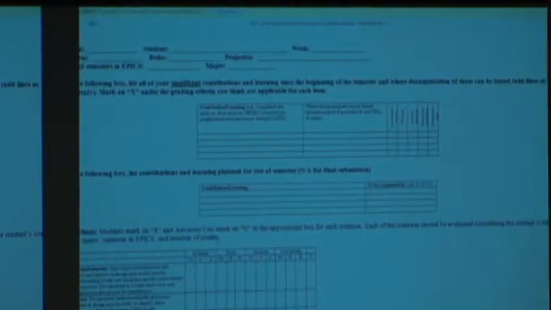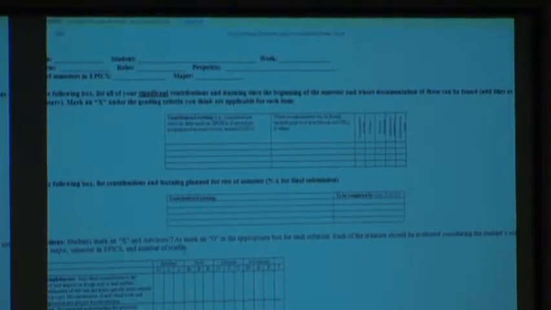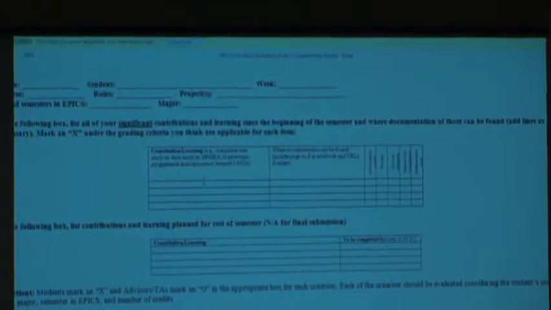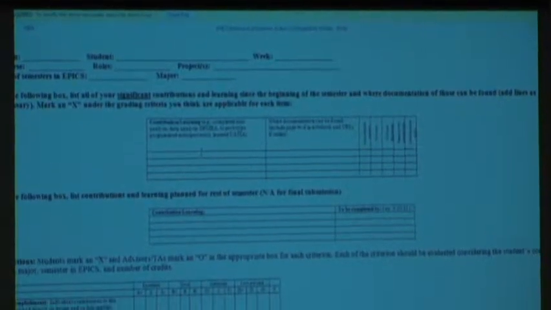Because the goal here is that you continue to revise this as the semester goes on. So you can fill out the things at the top, but you want to identify what you have learned or contributed to your project so far in the top part.